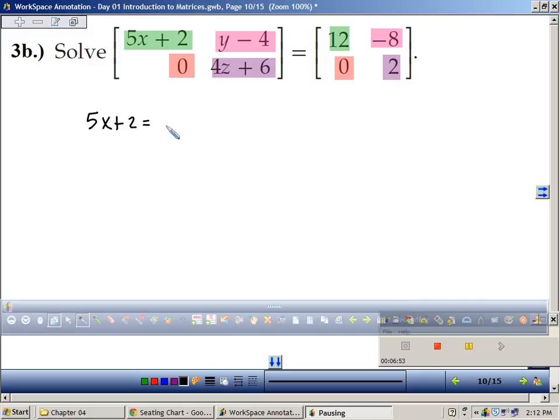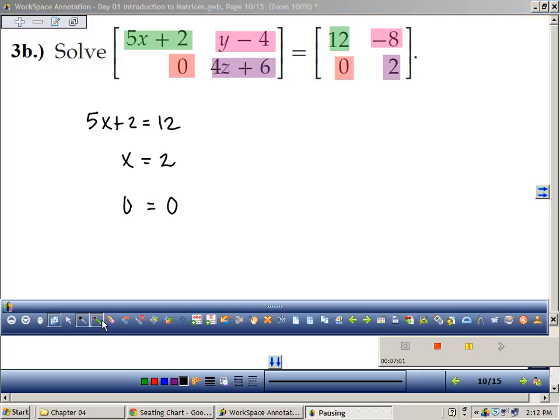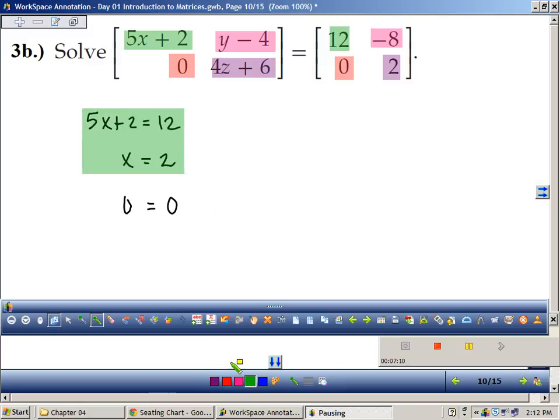5x plus 2 equals 12. What does x equal? Thank you. 0 equals 0. That one's pretty easy already. So that one's already done.